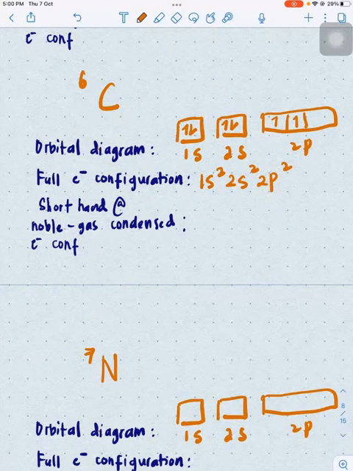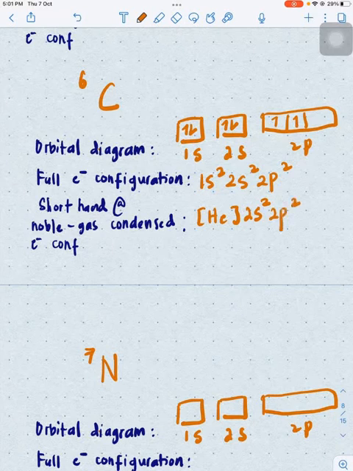Apa dia punya condensed electron configuration? He, 2s2, 2p2. Yes, very good. That's correct. Okay, that's the condensed electron configuration for carbon, helium, 2s2, 2p2.